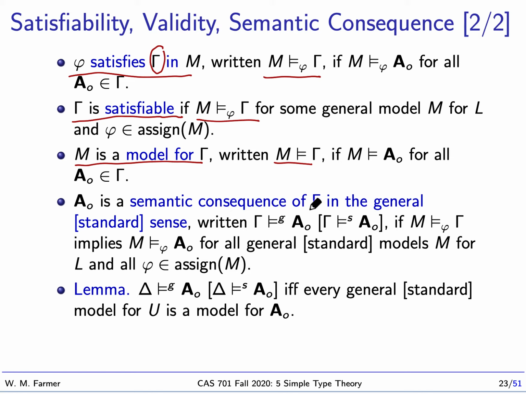So A is a semantic consequence of gamma in the general sense, which we write like this, if phi satisfies gamma in M implies phi satisfies A in M for all general models for L and all phi assignments.